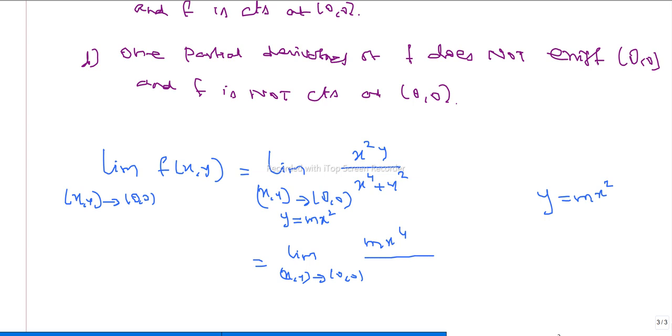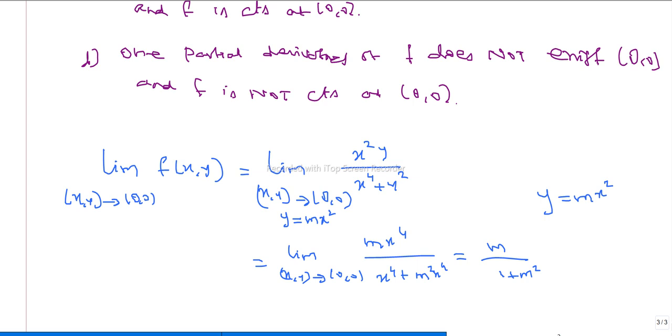In the denominator, x power 4 plus y square is x power 4 plus m square x power 4. So we can cancel x power 4 and get m by 1 plus m square. Therefore the limit is not unique.